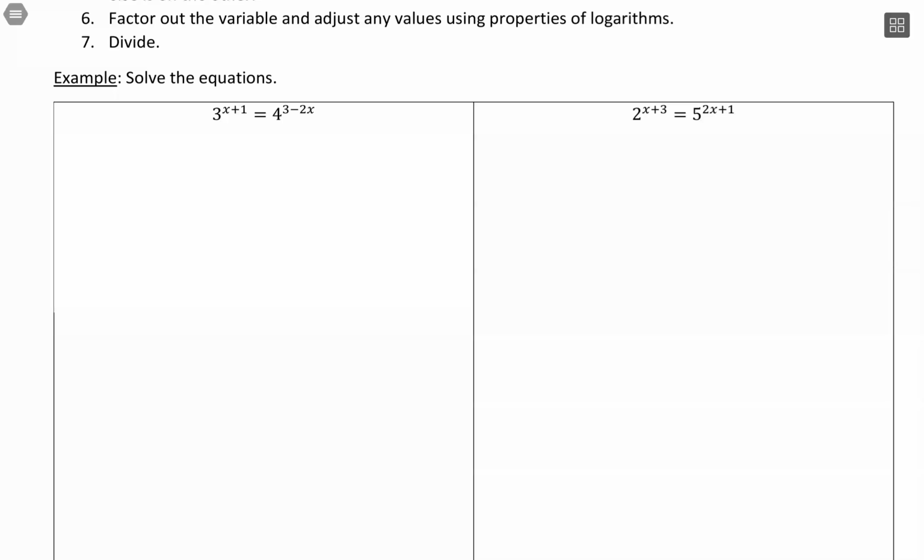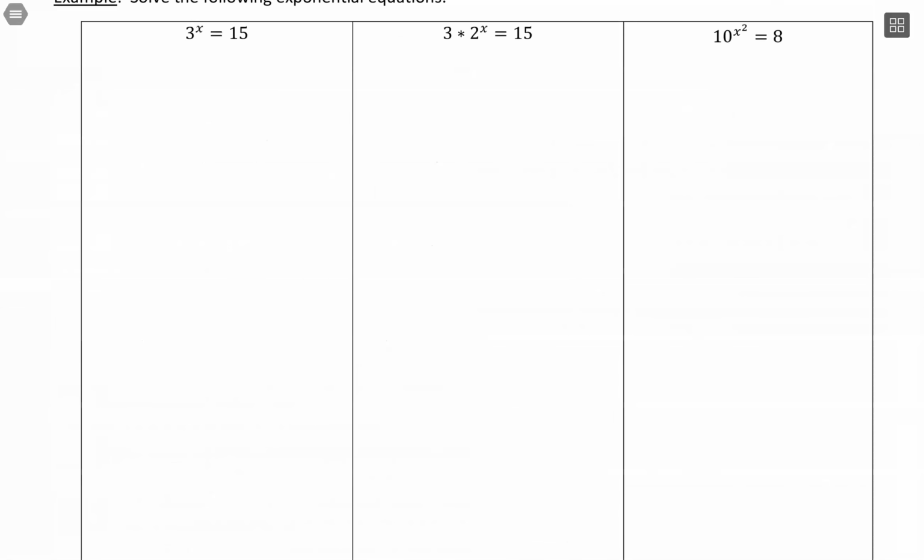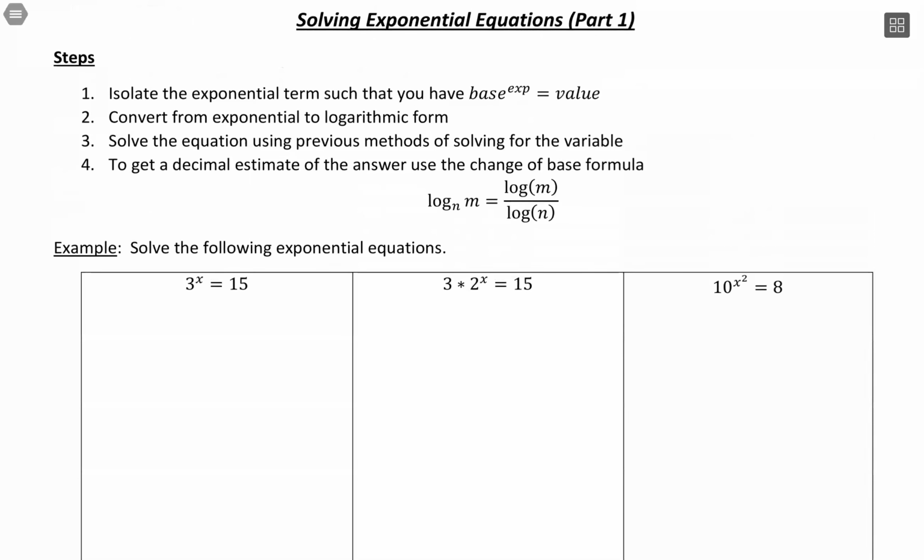It just tends to take a bit longer. We can revisit these once we talk through the second video and see how you could use it here as well. But these steps tend to be a bit shorter and also line up a bit better with how we've been talking about logarithms so far.